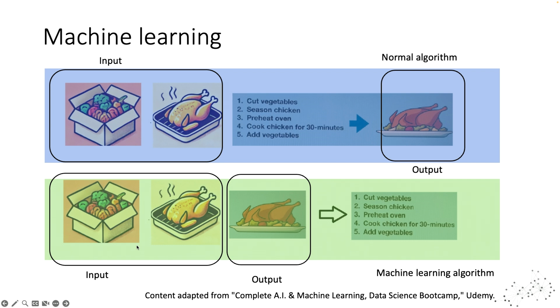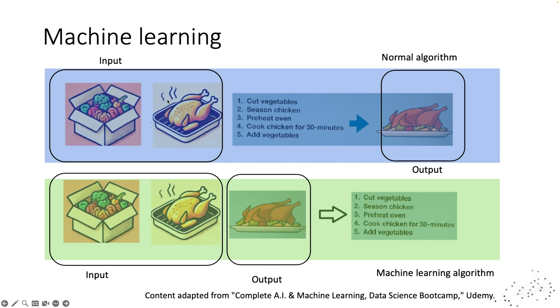Let's talk about the difference between a normal algorithm and a machine learning algorithm. In normal algorithms, we create the algorithm based on if-else conditions. Imagine we have some vegetables and meat, and we want to prepare some food from this.